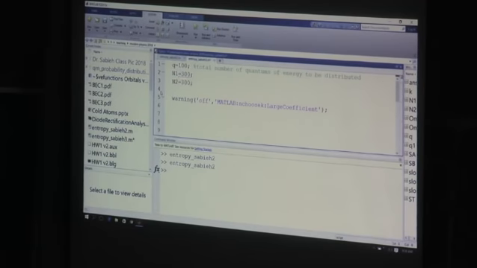So I have 100 atoms in each nanoparticle, 300 oscillators in each.